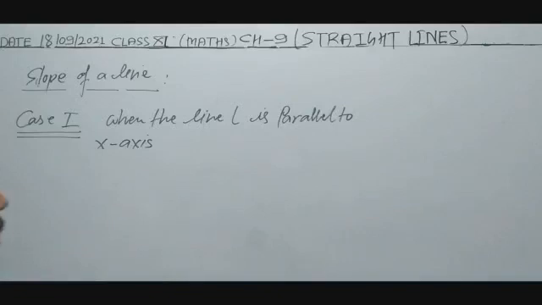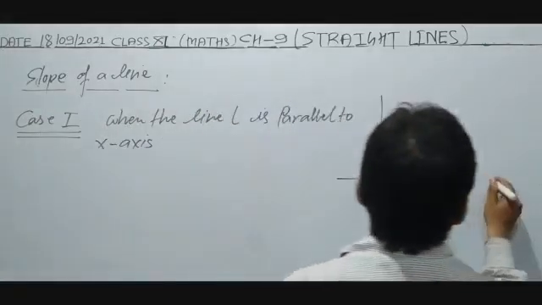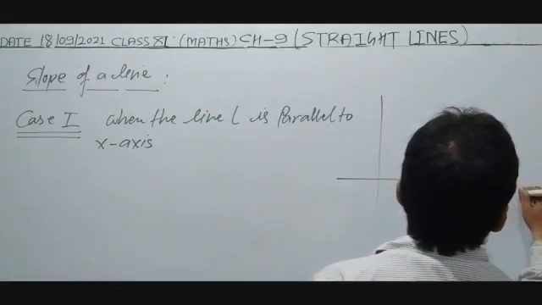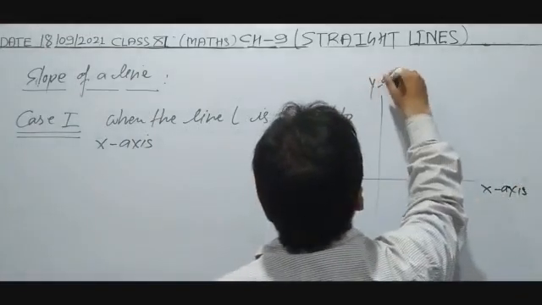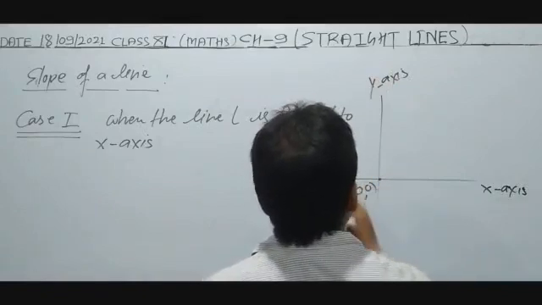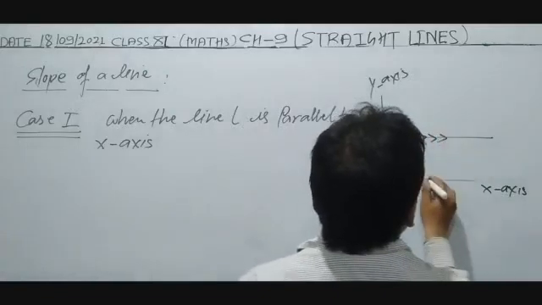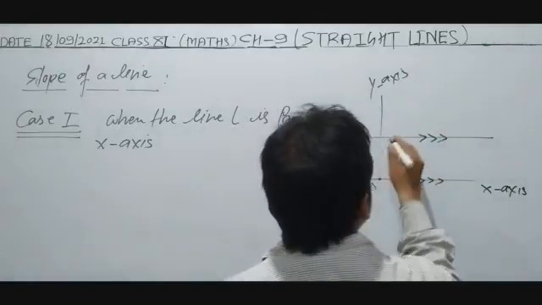Suppose this is the x-axis, y-axis, origin, and this is the line. This is parallel to x-axis.